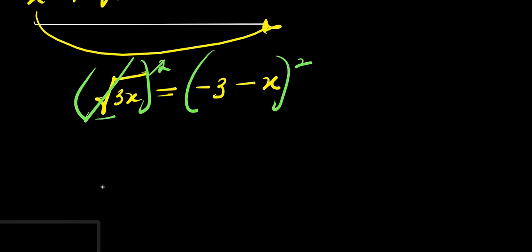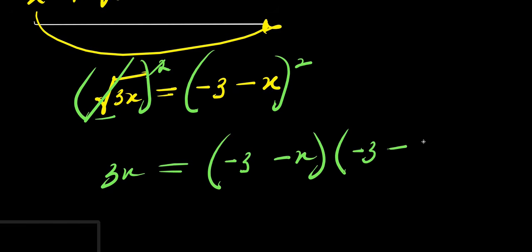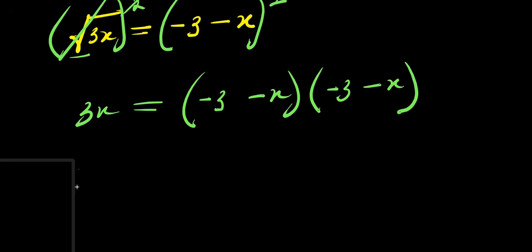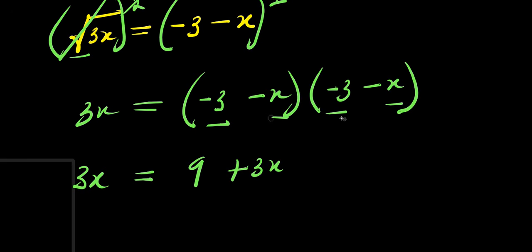This cancels this. I have 3x equals negative 3 minus x times negative 3 minus x. So from here, I have 3x equals negative 3 times negative 3, this is 9, negative 3 times minus x plus 3x, minus x times minus 3 plus 3x, minus x times minus x plus x squared.